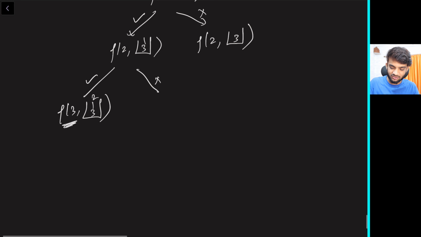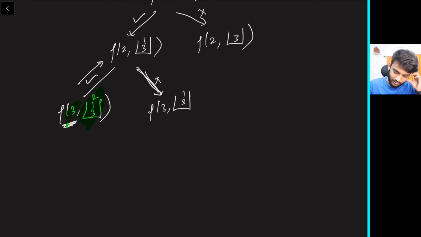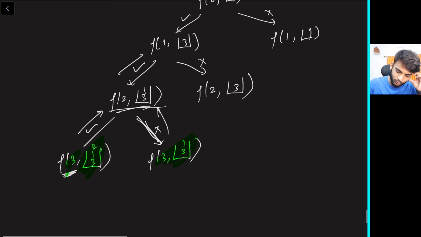So whenever you reach the third index, this can be printed. I'm marking it as green, which means it is printed. Then you go back, this time this recursion call will come, which is f of 3 and I just have 3 1. So this will be printed, so let's mark it as green. Next you'll go back. Now this entire recursion is over, it comes over here, f of 2 3, again a couple of directions, pick and non-pick.